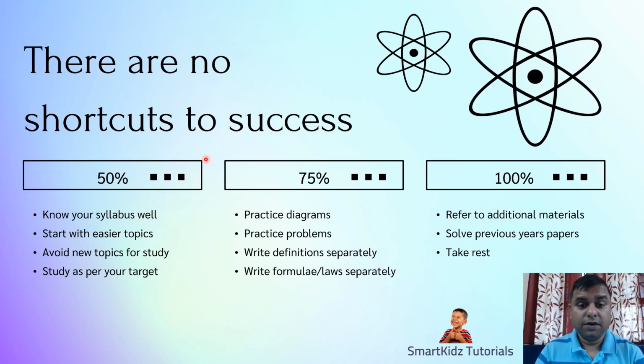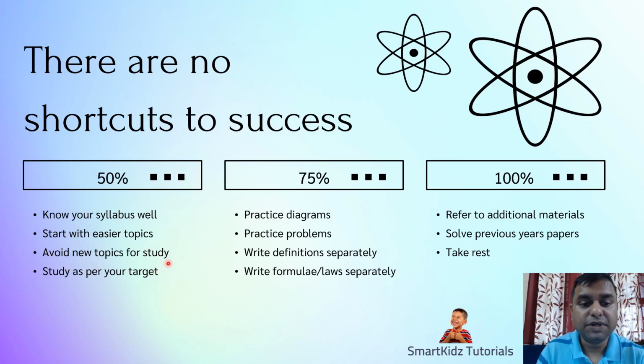I put it down as 50%, 75%, 100%, but it applies to every student. You should know your syllabus well: what is there in the syllabus, and how much you have studied from it. Always start with easier topics because that gets your brain engine running. It's like a small warm-up. Then you can challenge yourself with some bigger or complex topics.